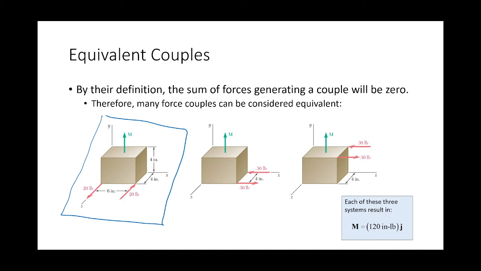Their lines of action are parallel, and they are separated by a moment arm of 6 inches. So if I wanted to determine the magnitude of the moment generated by that force couple, the math is pretty easy. It's just 20 times 6, which is 120.